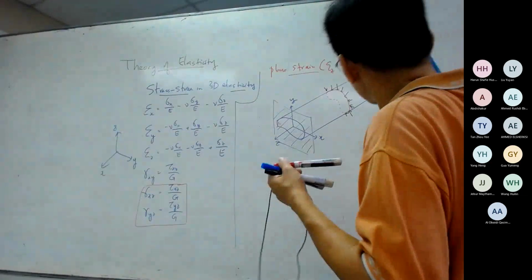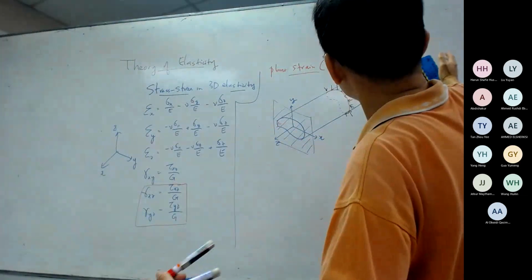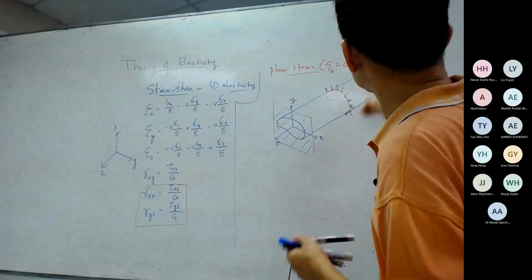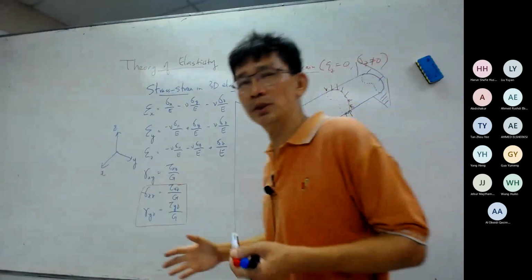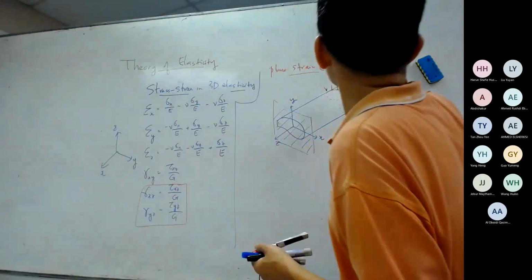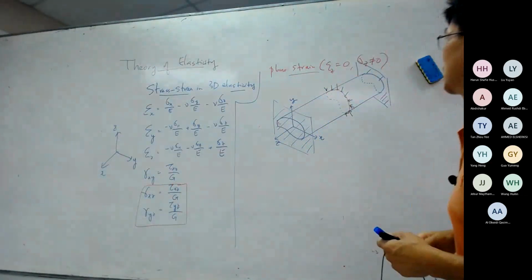It tries to expand, but if you let it expand, then you don't have the stress. But we don't allow it because of the rigid surface that we assume here. As a result, we have stresses.